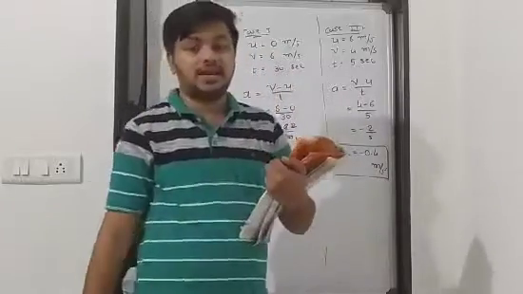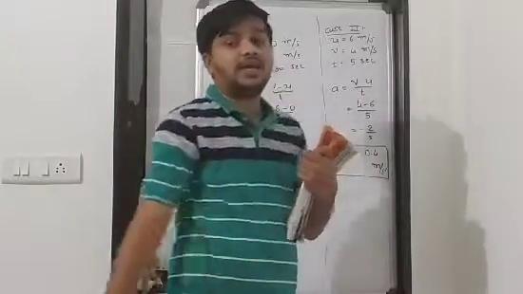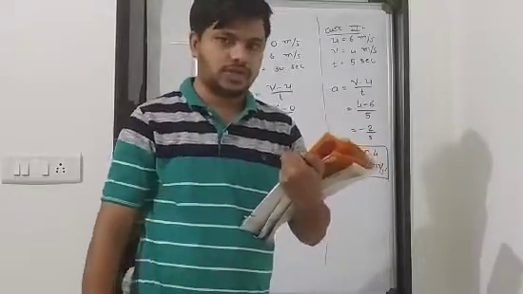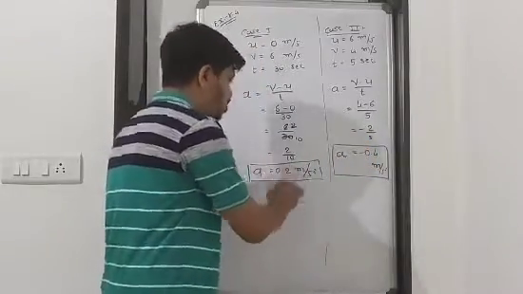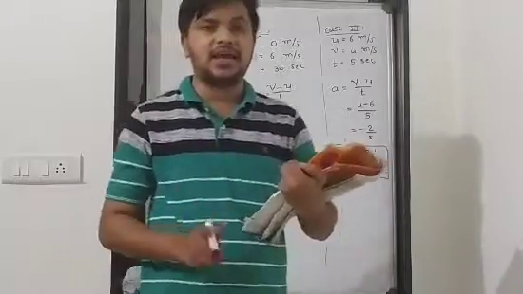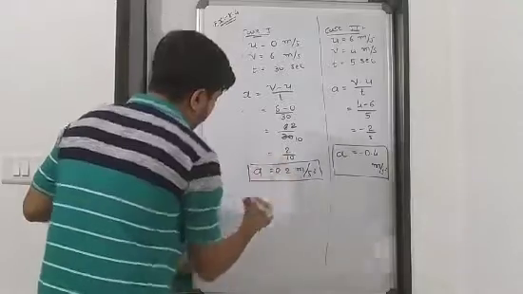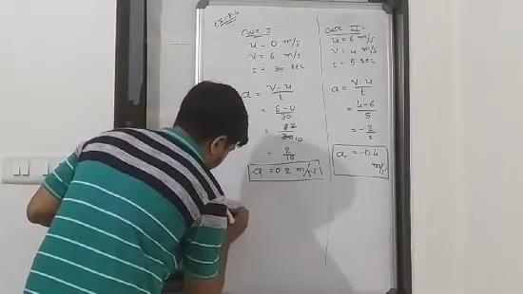The minus sign shows that the acceleration is in the opposite direction of motion. If the acceleration is positive, the object is moving in the direction of motion.